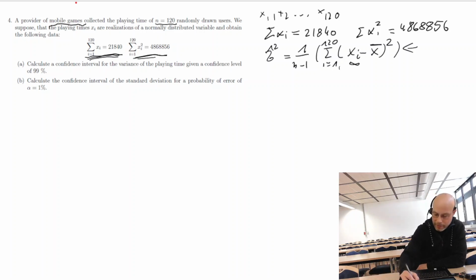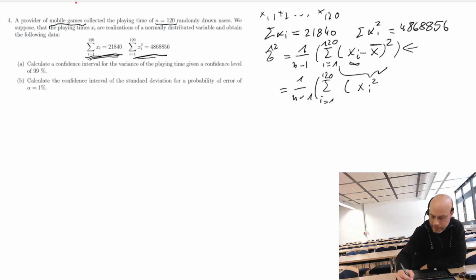If we multiply out these two brackets, we obtain 1 over n minus 1, sum i from 1 up to 120, xi squared minus 2 xi x bar plus x bar squared.